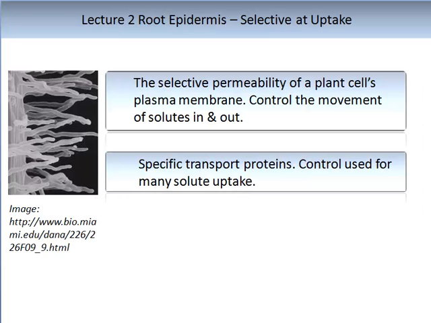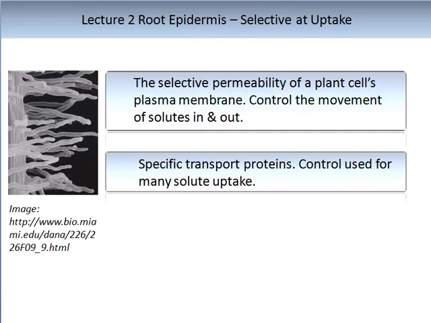Let us start by looking at the selective component of water uptake in plants. The selective permeability of a plant cell's plasma membrane acts as the control for the movement in and out of solutes. It is selective. It will allow compounds it wishes to pass through and stop compounds it does not want to pass through.